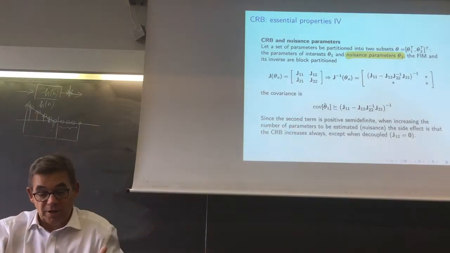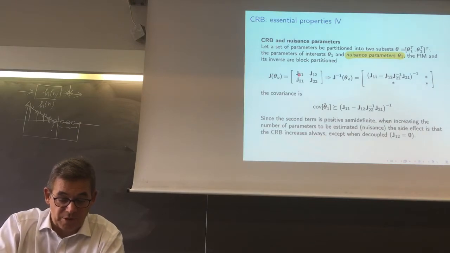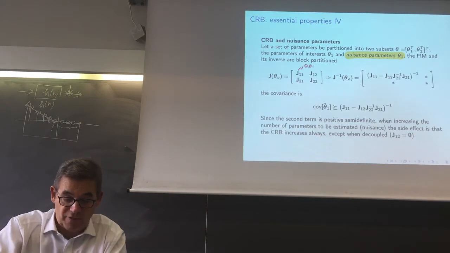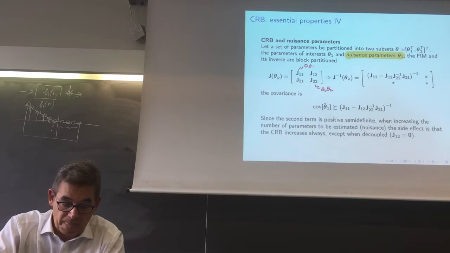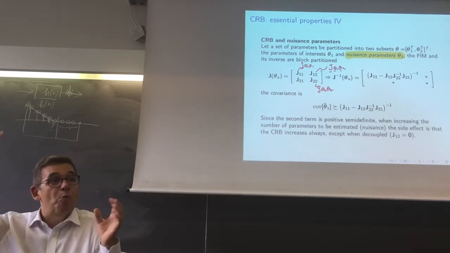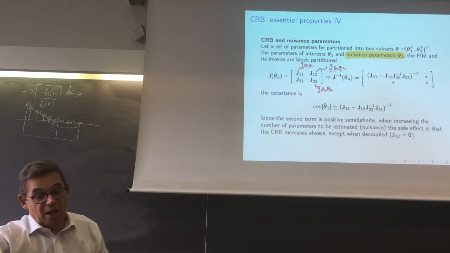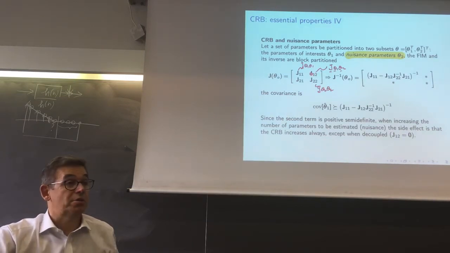Now I need to write the Fisher information matrix, which contains theta 1 and theta 2, remember, each a group of parameters in the general sense. Assume now that the off-diagonal terms are not 0.